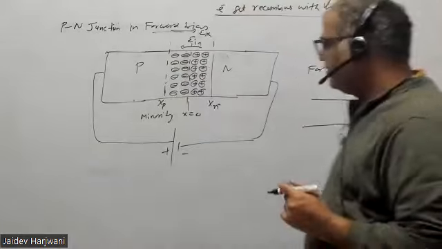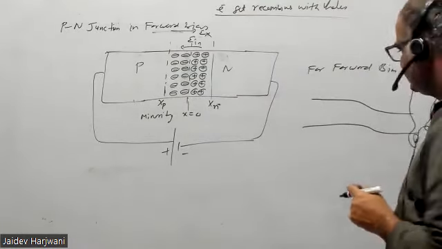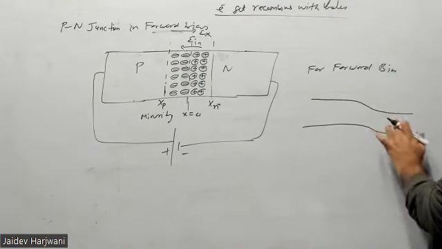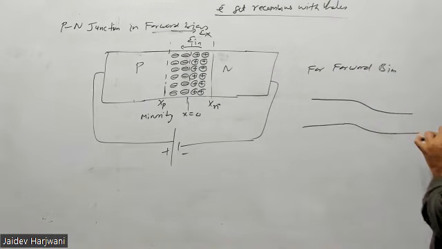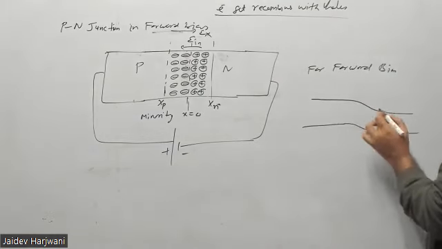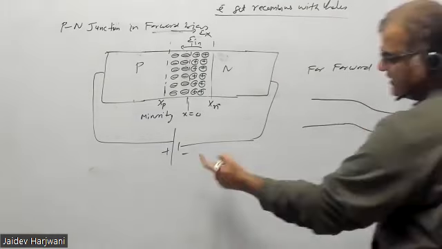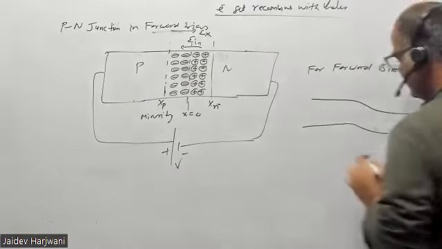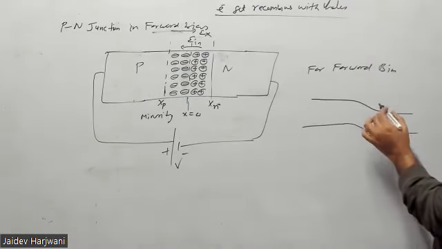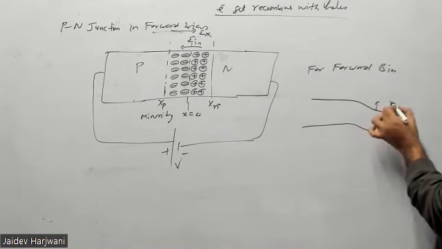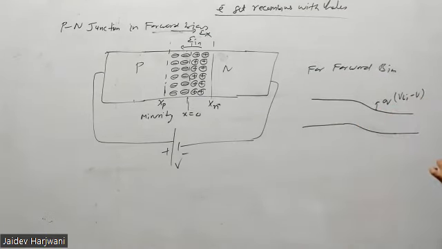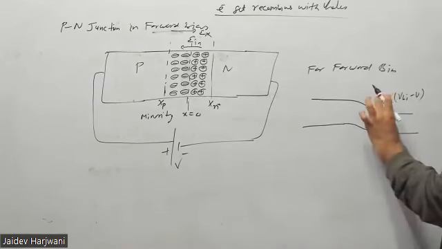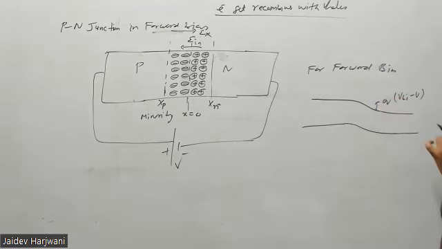Because the electric field inside the junction is decreasing, this barrier width is decreasing. That means we are applying the field against the internal field. So now this gap will become qVbi minus V. Earlier it was qVbi, the built-in potential. The width of this built-in potential goes down.